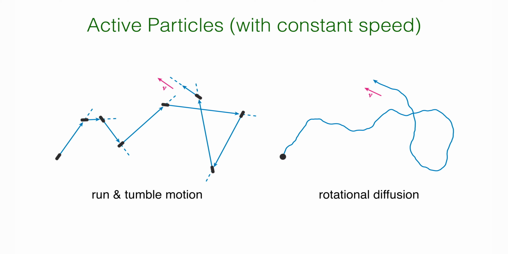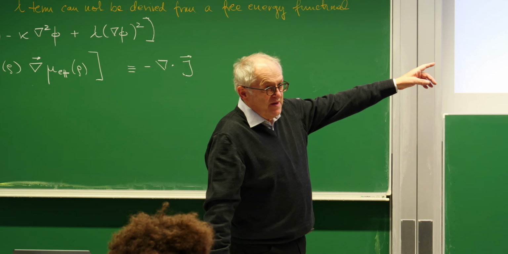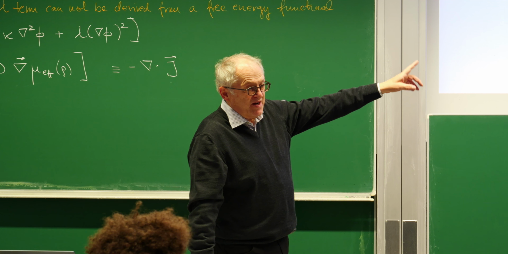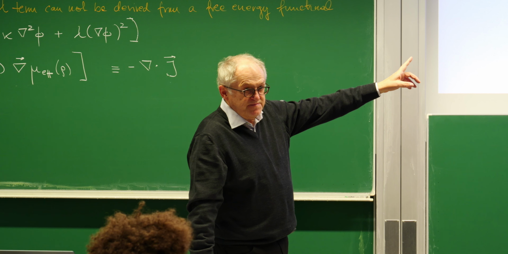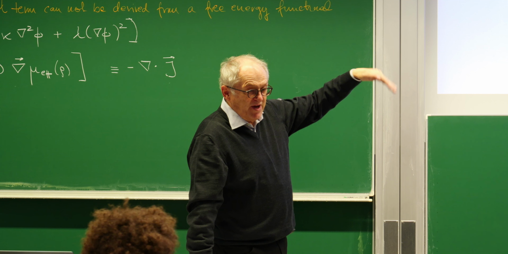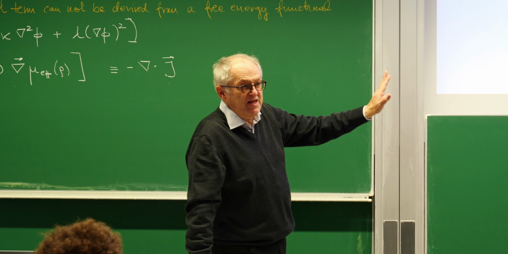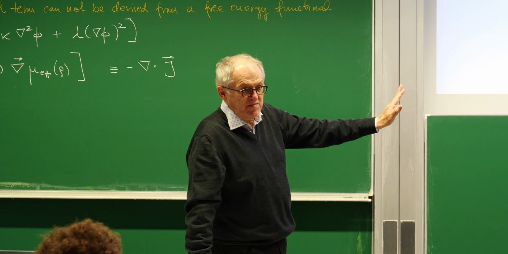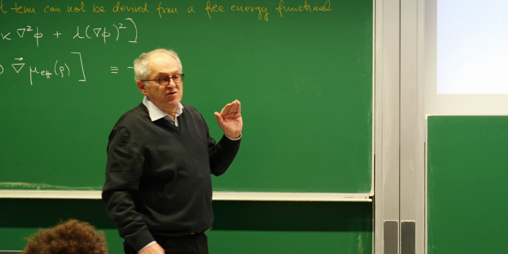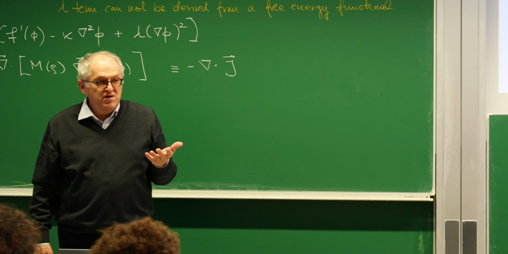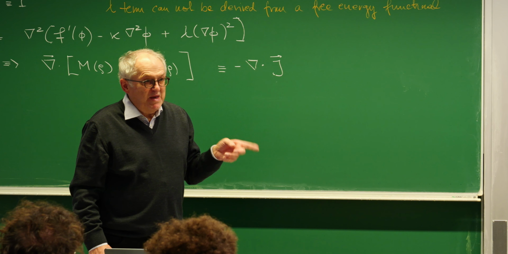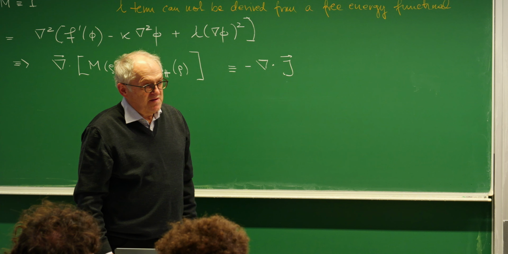You can also think of a second type of motion where the particles still move at a constant speed, but the direction changes randomly at any point in space and time. Okay? So the direction performs a random walk, but the velocity, the speed itself, is constant.